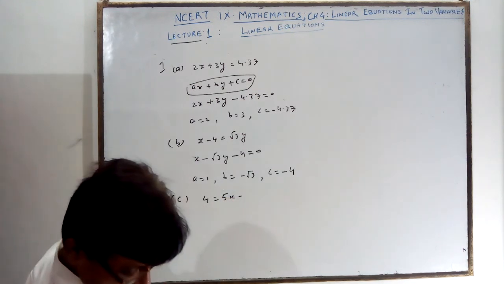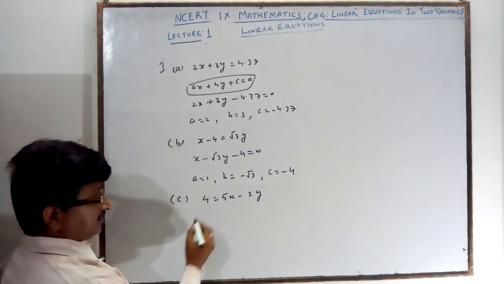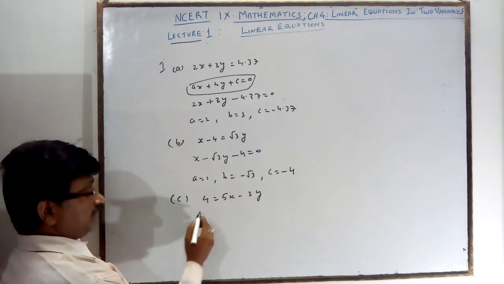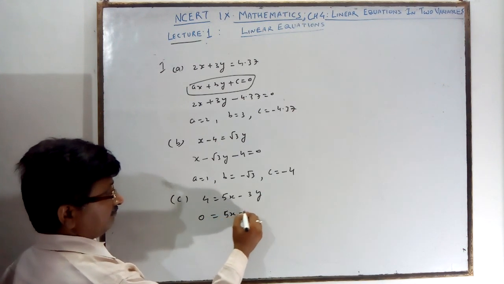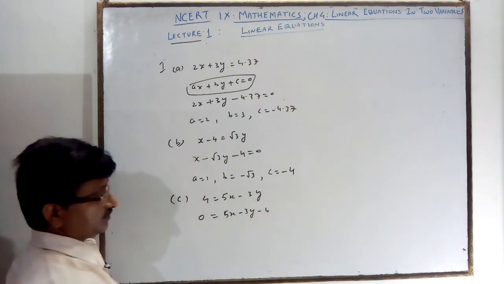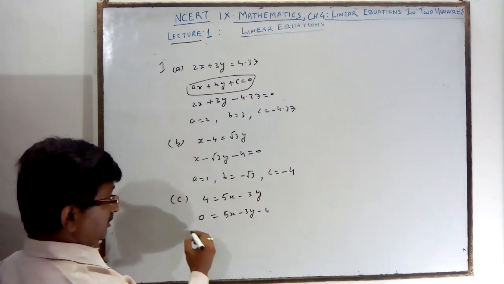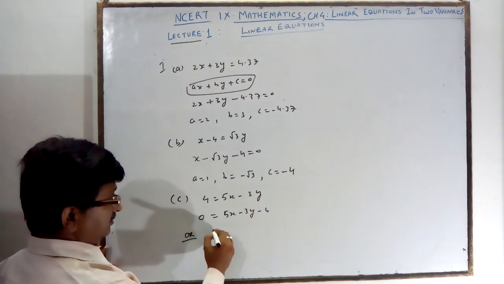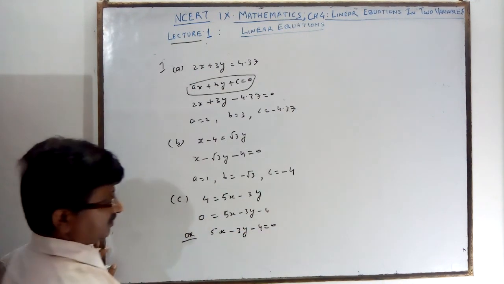Another is given: 4 is equal to 5x minus 3y. What is the meaning of this? You write 0 is equal to 5x minus 3y minus 4. All the terms you transpose to this side, then the sign will not be changed. You can write 5x minus 3y minus 4 is equal to 0.